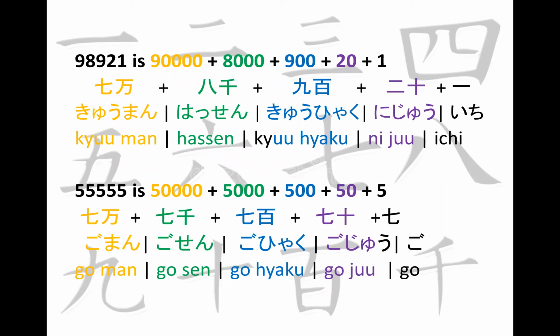So it's goman, gosen, gohyaku, goju, go. Or 55,555. So isn't it simple? It's like just adding those numbers together, summing them up as we studied them, right? You just put the goman together with the gosen, the gohyaku, the goju, and then the go. It's just simple, right?